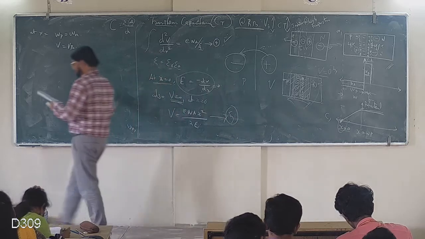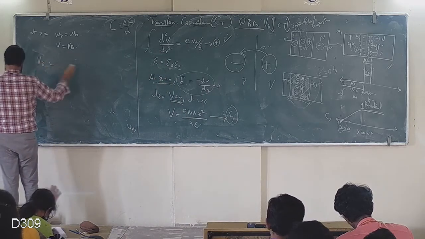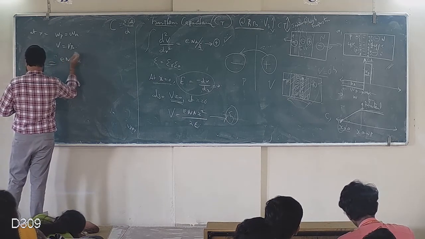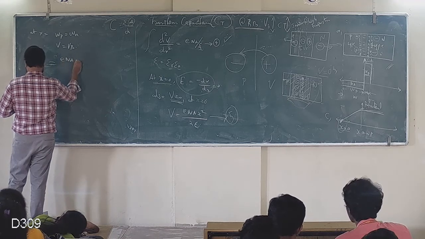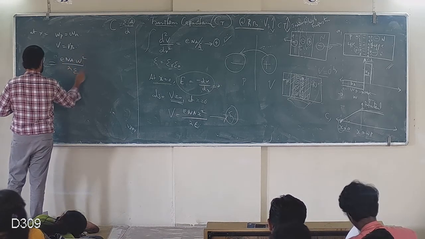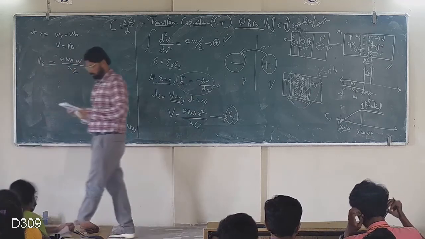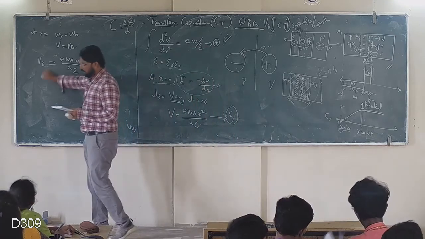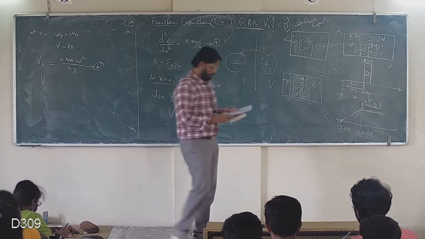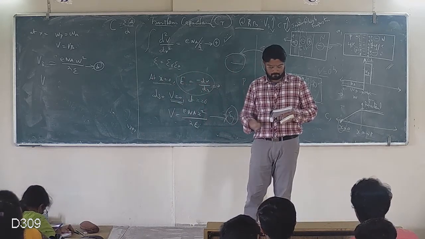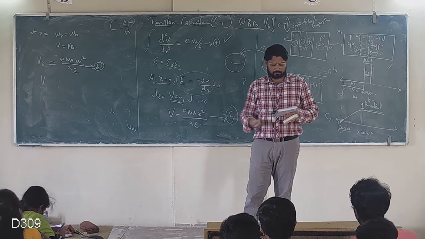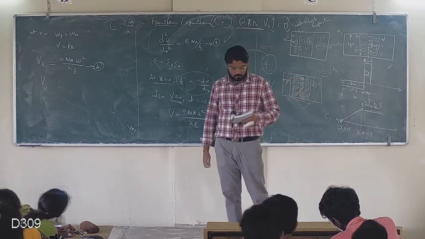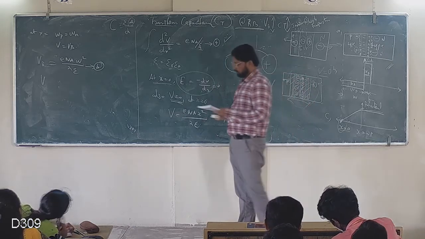Now VB is equal to the barrier height. Now the applied voltage V. What is the applied voltage?